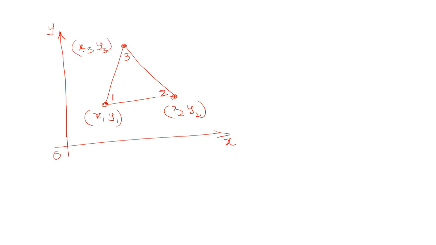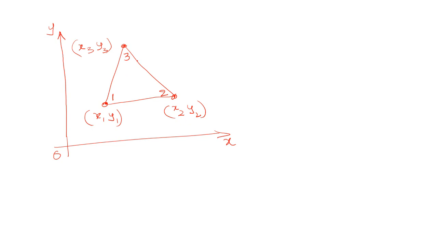What are these? x1 and x2, y1 and y2 are the coordinates of nodes 1, 2, 3, because it is placed in the space with three nodal points. The node coordinates are x1, y1 at node 1, x2, y2 at node 2, x3, y3 at node 3.